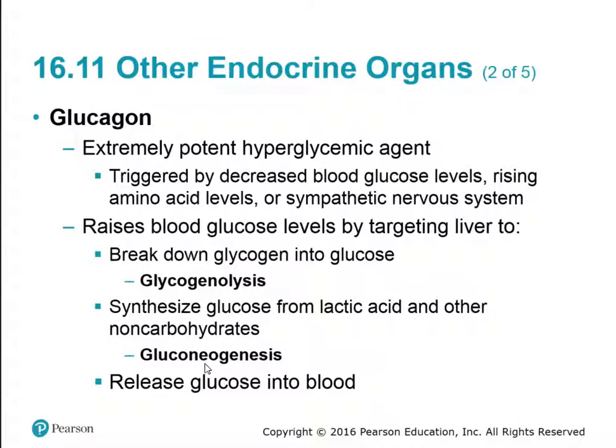Neo means new, so we're forming new glucose. Lysis means to split or break apart. So here we're just splitting glycogen, but here we're creating new glucose from things like lactic acid or non-carbohydrates. Either way, we're releasing glucose into the blood to raise blood glucose levels.